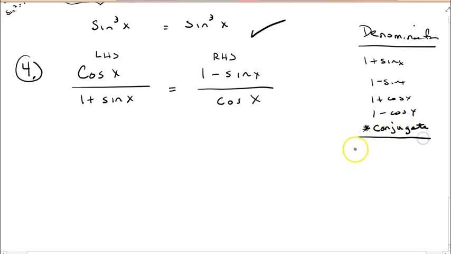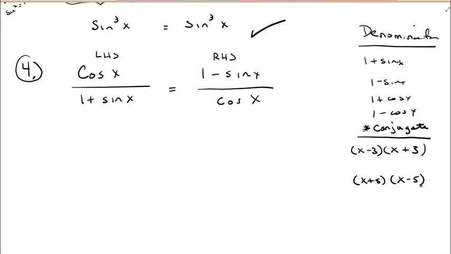Let's stop there for a second. The conjugate of x minus 3 is x plus 3. The conjugate of x plus 5 is x minus 5. It's the identical binomial. You're only going to multiply binomials by conjugates with the second term's sign changed.